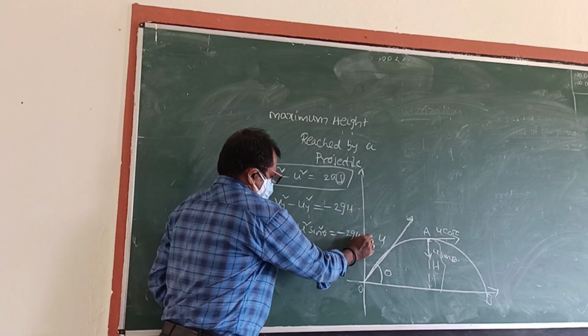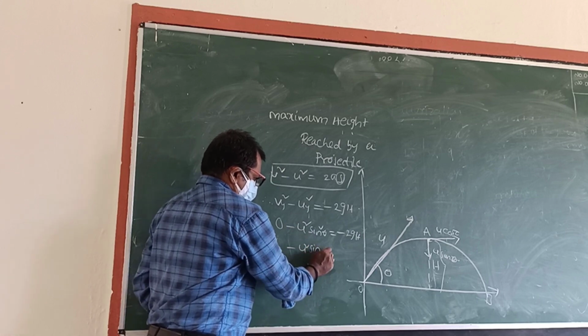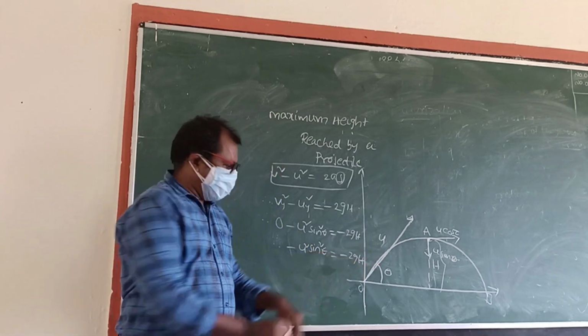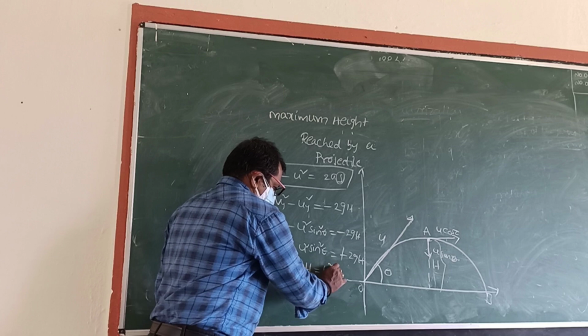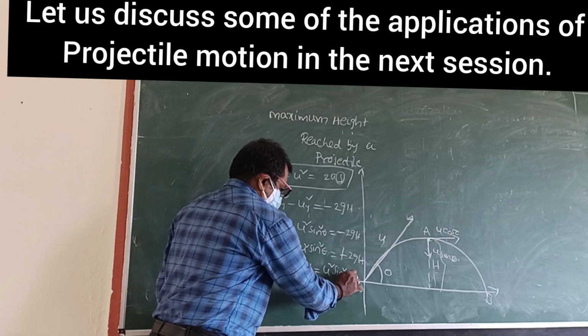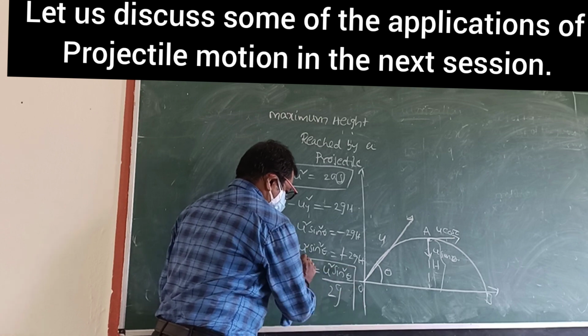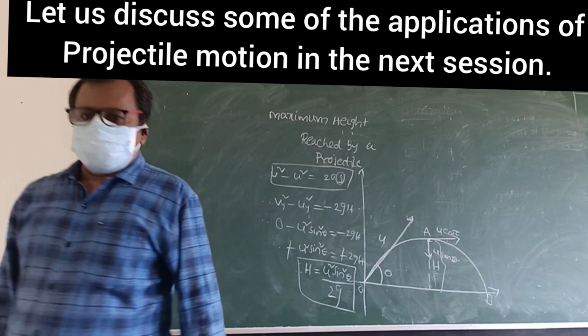So minus u square sin square theta is equal to minus 2gh. The minus signs get cancelled on both sides. Therefore, h is equal to u square sin square theta by 2g. So the maximum height reached by the projectile h is equal to u square sin square theta by 2g.